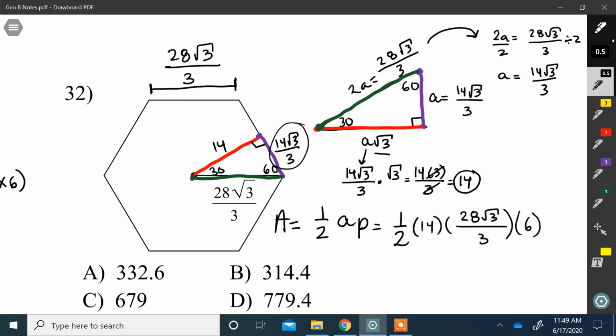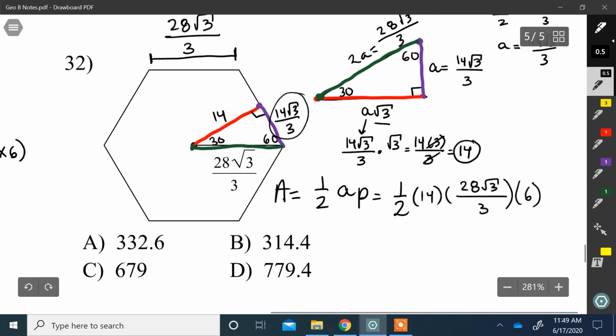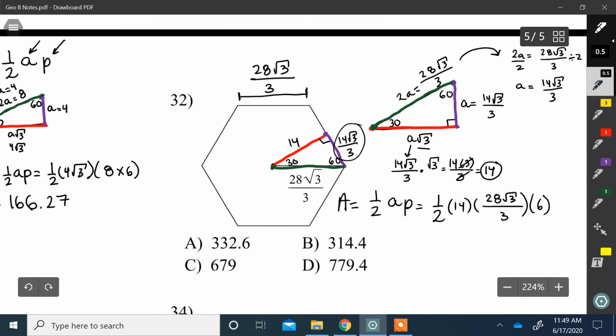Okay, so let's see if I can actually put all that on the calculator. And let's see if I get a right answer.